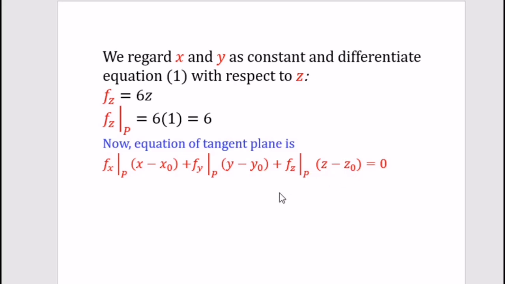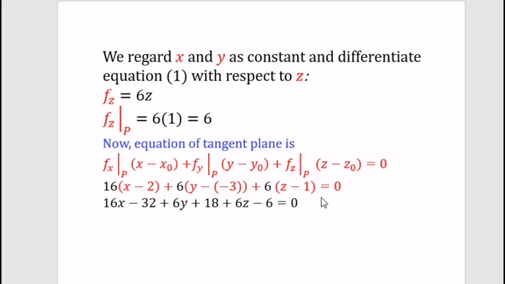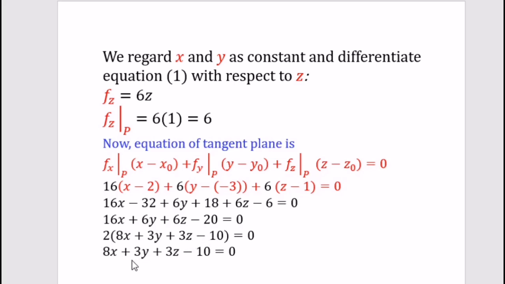So by substituting these values, we have 16 times (x minus 2) plus 6 times (y minus negative 3) plus 6 times (z minus 1) is equal to 0. So by solving, we have 8x plus 3y plus 3z minus 10 is equal to 0, which is the equation for the tangent plane.